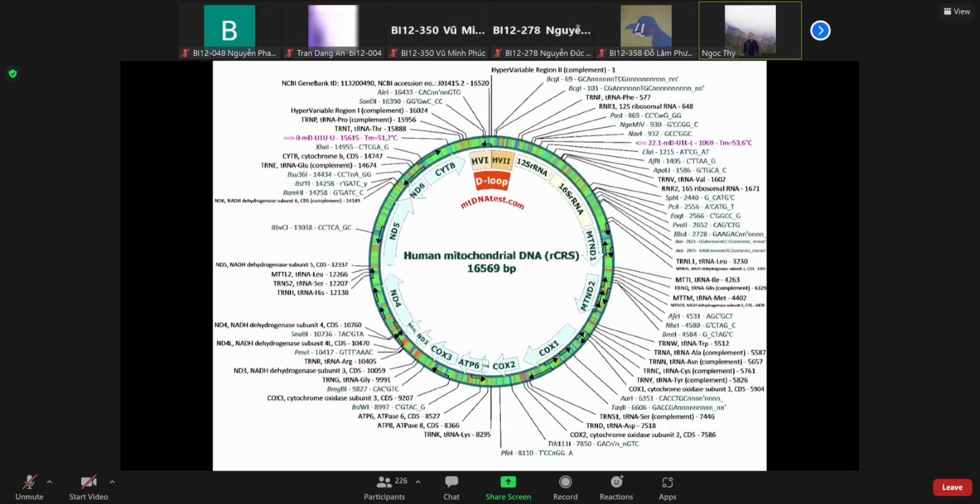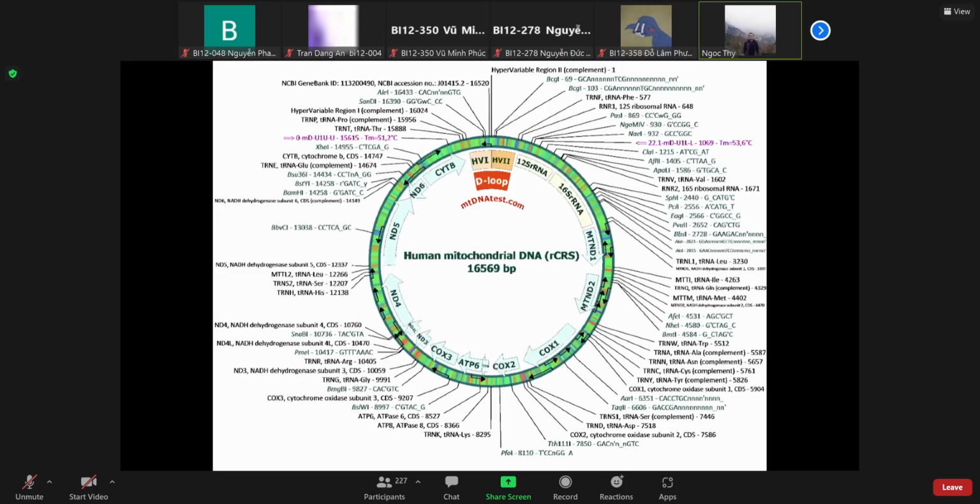So it is easier to track the source of the mtDNA compared to the nucleus genome, where half comes from the father and half from the mother.